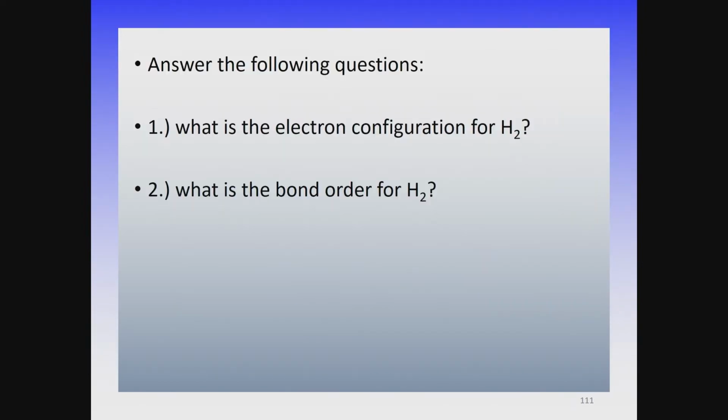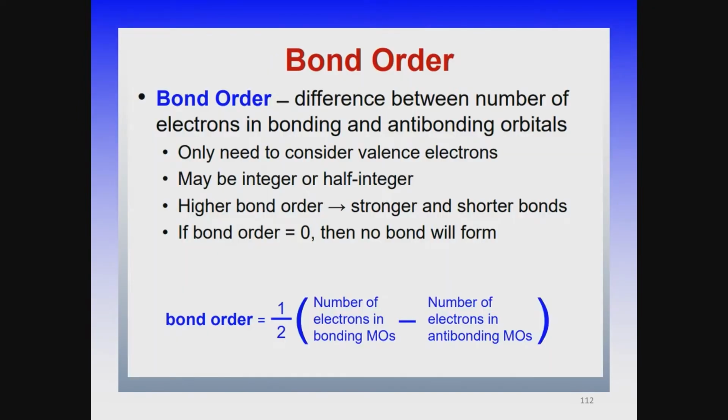Okay, so now I want to try to answer a few questions: what is the electron configuration for H2, and what is the bond order for H2? Let me bring up this next slide, and I'm going to go over to the light board.